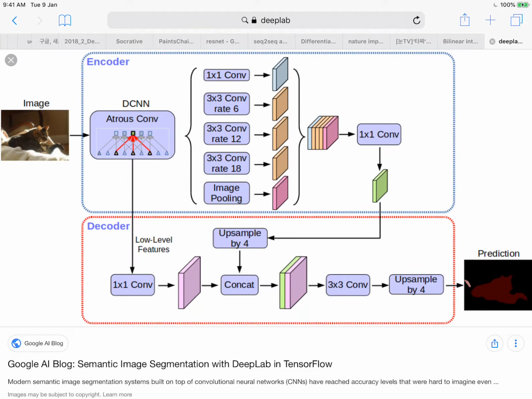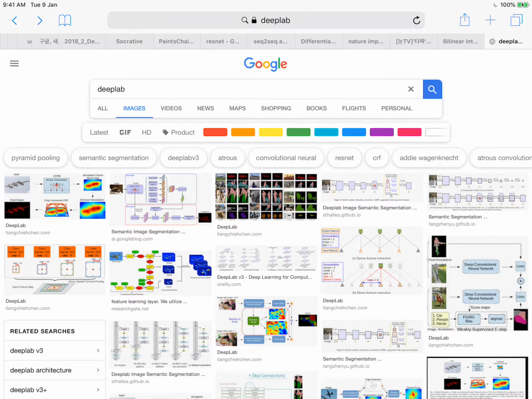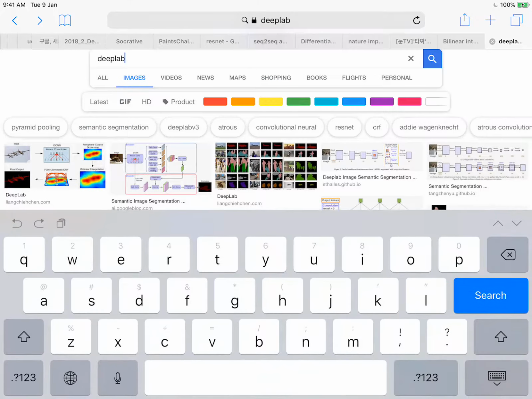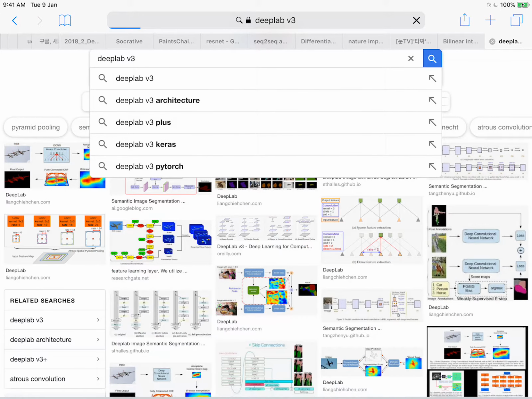I'm not going to explain it in more detail, but in the case of DeepLab there are several different versions. Originally we have DeepLab version 1 and version 2 and so on. In the case of DeepLab, I believe version 3.